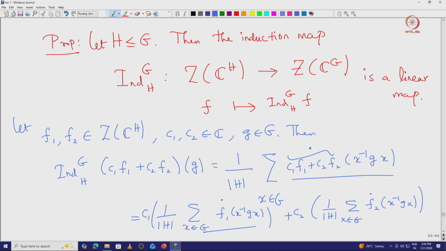And this is the definition of induction of f1, and this is the definition of induction of f2. So that tells you that this is exactly equal to c1 the induction G H f1 plus c2 the induction G H f2 of g. Okay, so this verifies the linearity, that is something easy to verify.